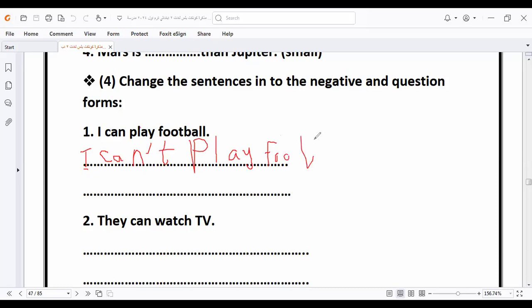But I can swim, or I can play tennis, or I can do any sport.